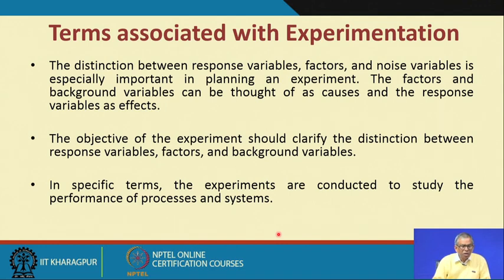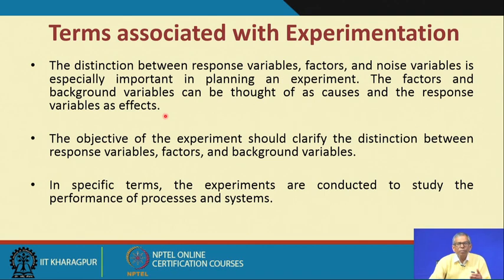Now the distinction between the response variables, the factors, input variables and noise variables is especially important in planning an experiment. So this point is to be noted. The factors and the background variables can be thought of as causes and the response variables as effects. You are already aware of a diagram called the cause and effect diagram.